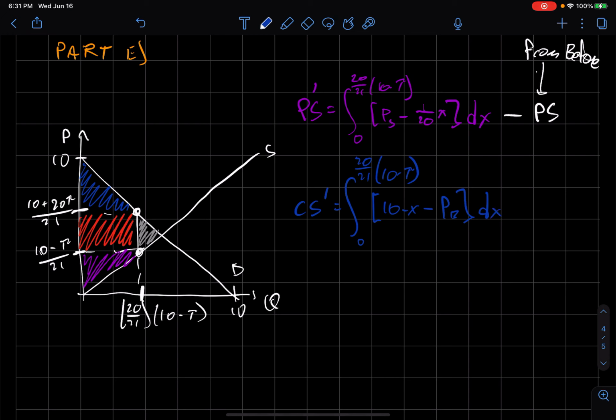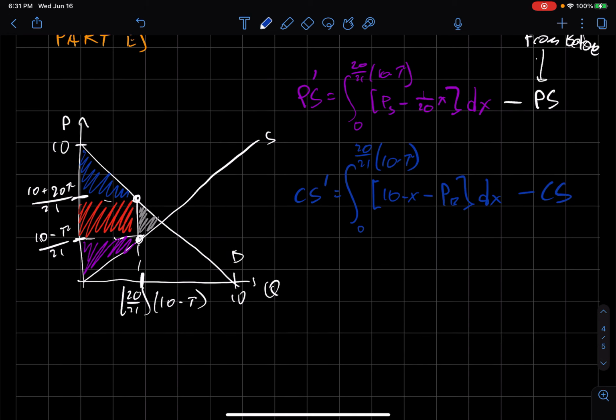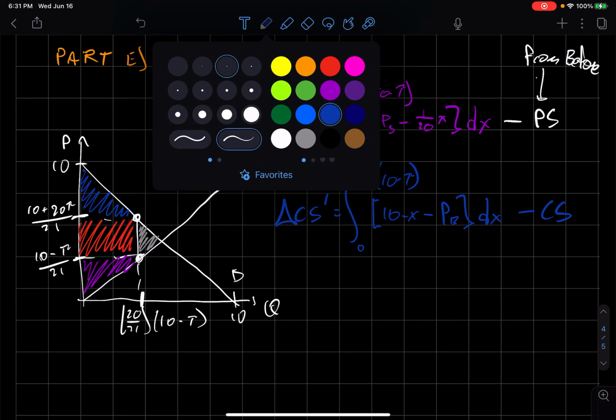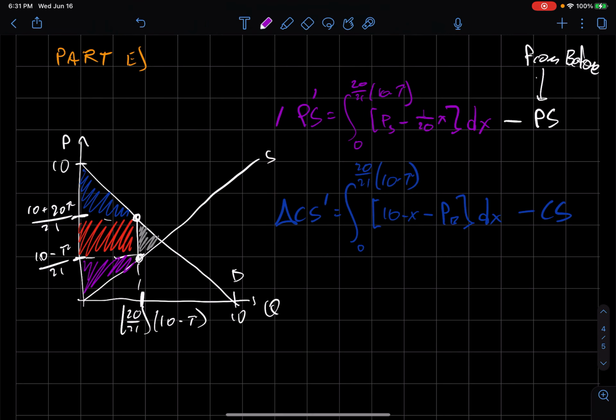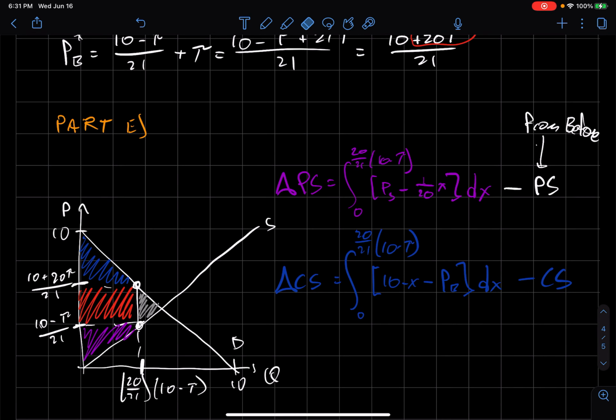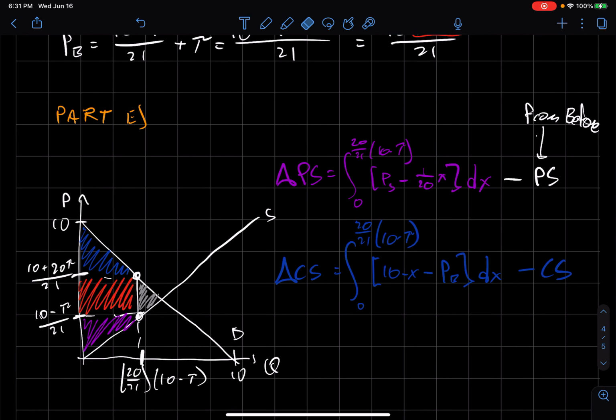And this is dx again. And again, we're subtracting off the old consumer surplus to get the change. So maybe we call this delta CS and delta PS. Okay. So evaluate this integral to get the change, and then after we've subtracted off is how we get the change in consumer surplus and producer surplus.